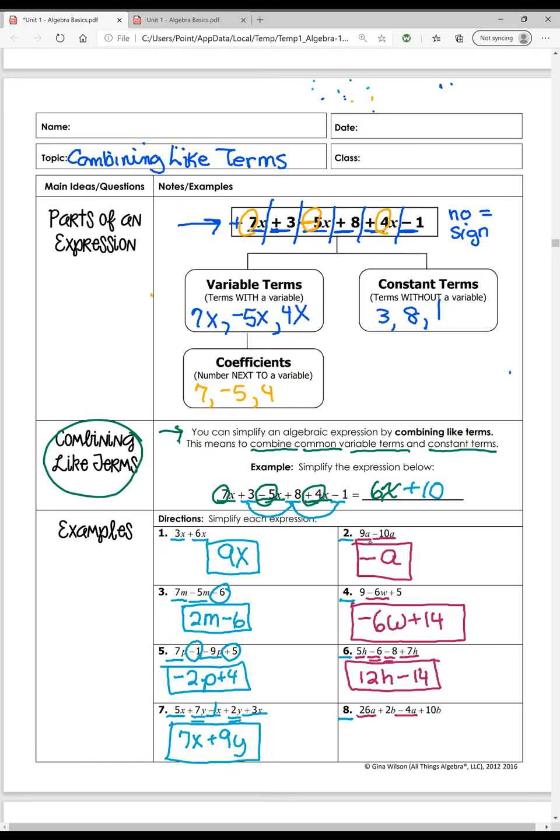So 26 minus 4 is 22a. And now we've got that positive 2b plus 10b. 2 plus 10 is 12, so that's plus 12b. And that's the answer to that section. So let's take a pause. We'll switch to the next page and we'll work on those.